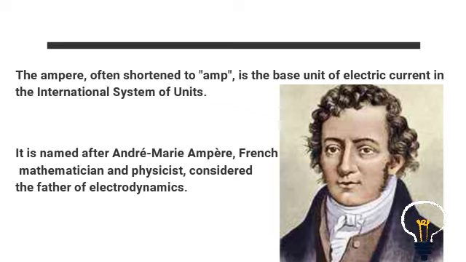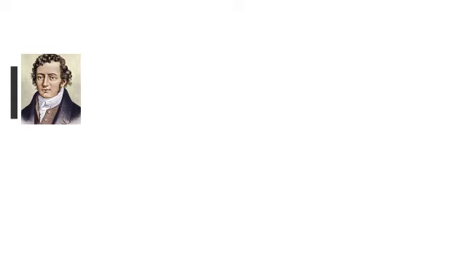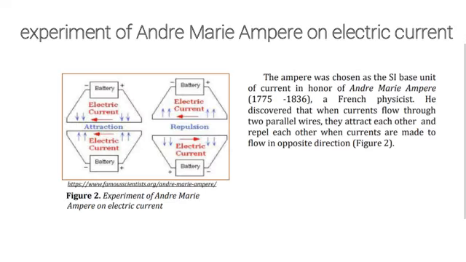It is named after André-Marie Ampère, a French mathematician and physicist, considered the father of electrodynamics. In his experiment, he discovered that when currents flow through two parallel wires, they attract each other and repel each other when currents are made to flow in opposite direction.